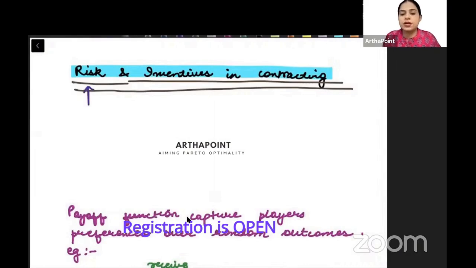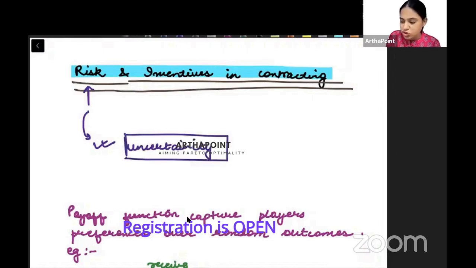When we talk about the risk aspect, you will notice that most of this you have already done in the microeconomics uncertainty chapter. We have already taken care of this aspect much before. We've already talked about what is a risk neutral individual, what is a risk lover individual. So I'm not going to take this aspect in a lot of detail. I'm going to just quickly brush up things with you.